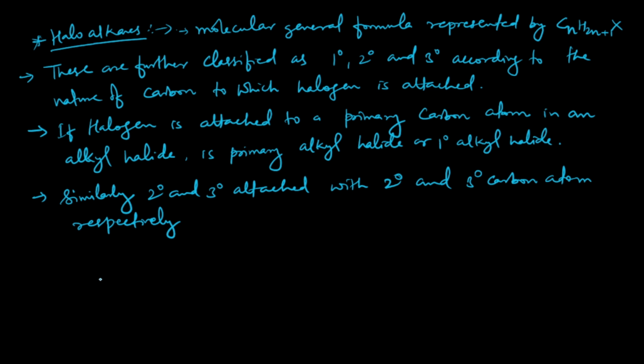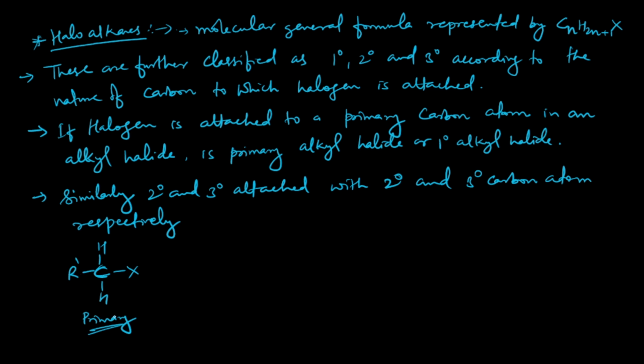Let's see the examples, because you also have to write them to gain more marks. Write hydrogen, hydrogen, here X, and on this side R. This is primary. Why? Because the halogen is attached to this carbon, and this carbon is attached to only a single carbon.